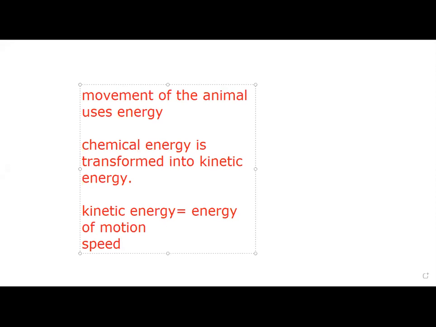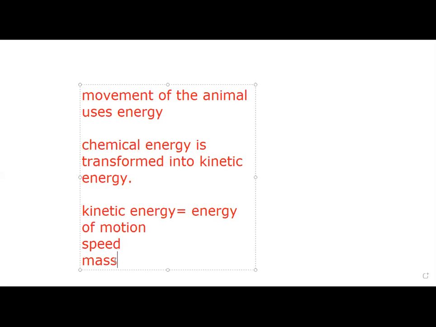The faster the object is, the more kinetic energy it has, and the kinetic energy also depends on the mass. If two objects or two animals have the same speed, suppose we have two animals running at the same speed, the larger animal or the larger object has more kinetic energy.